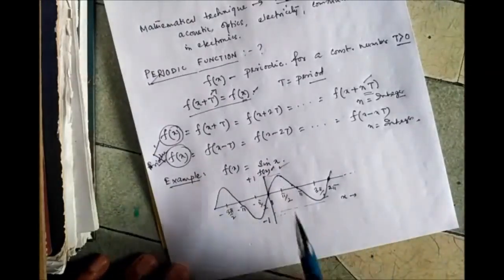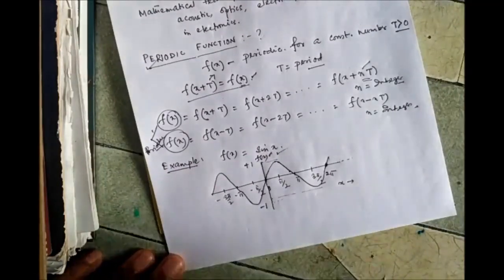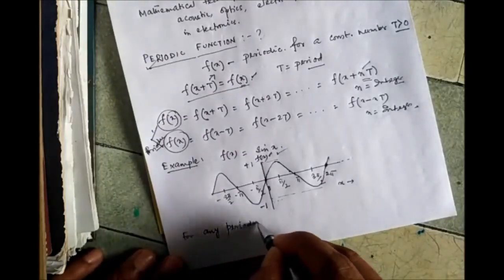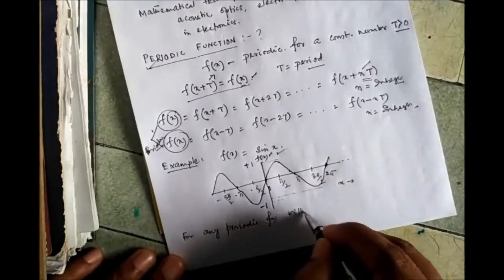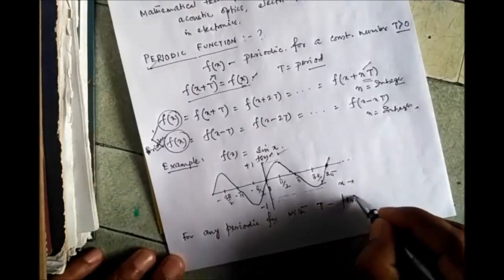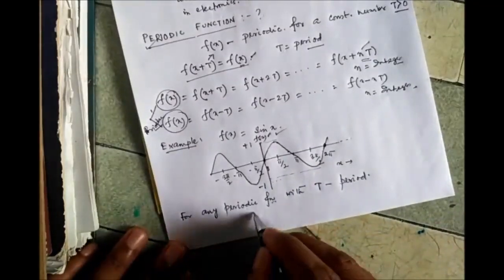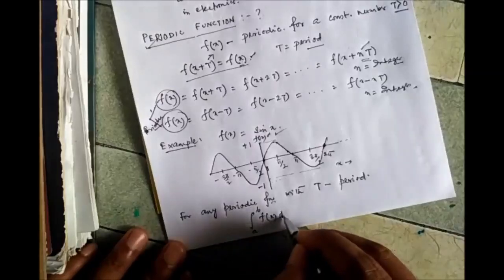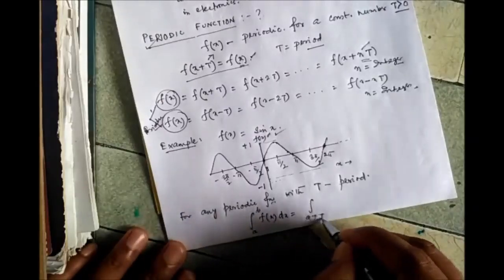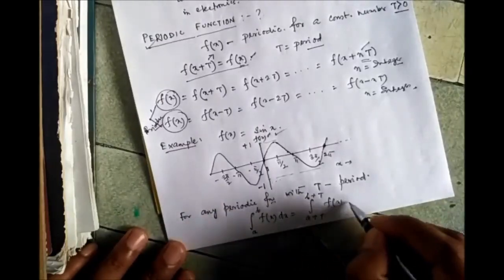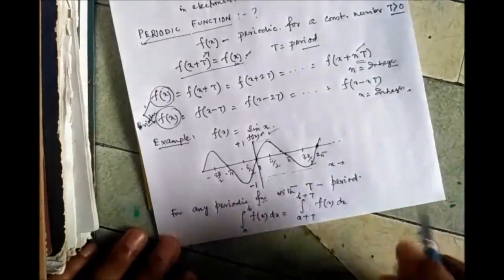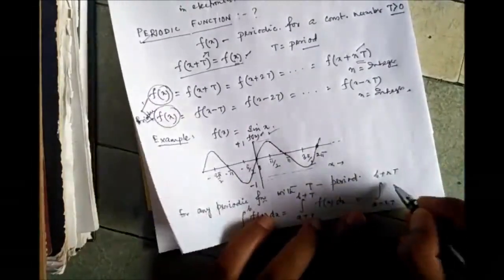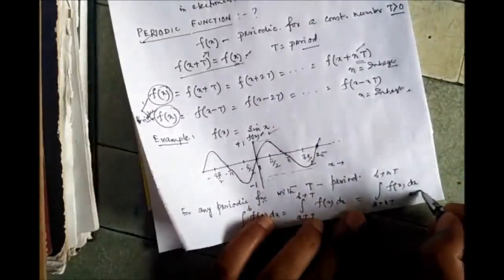Now if this sine function is periodic, then for any periodic function with T as a particular period, the integral from a specific point a to another point b of f(x) dx is equal to the integral from a + T to b + T of f(x) dx, and this also holds good for a + nT to b + nT of f(x) dx, where n is some integer.